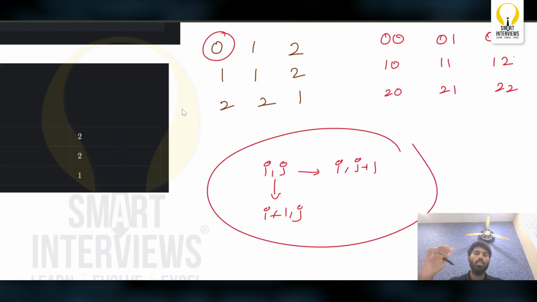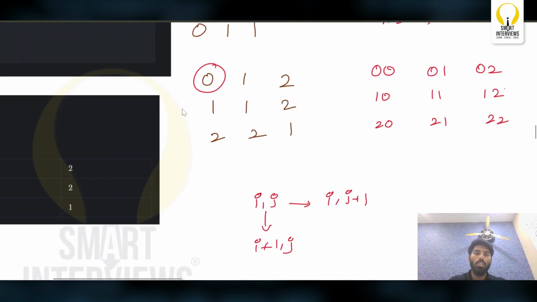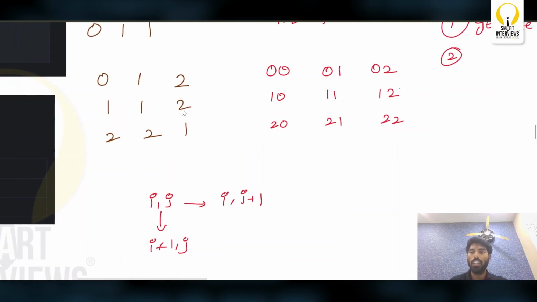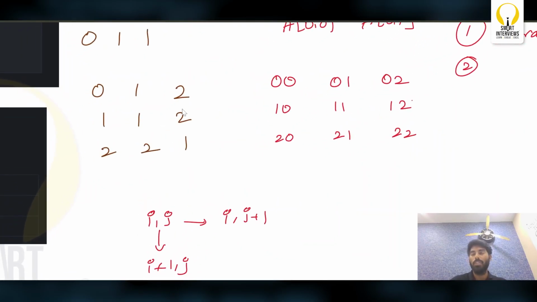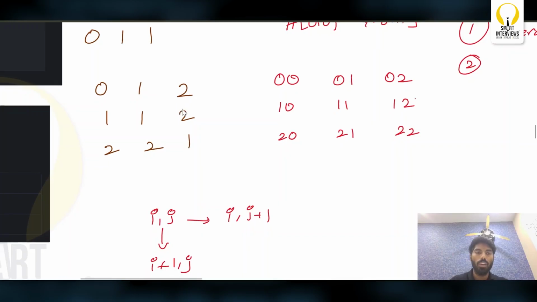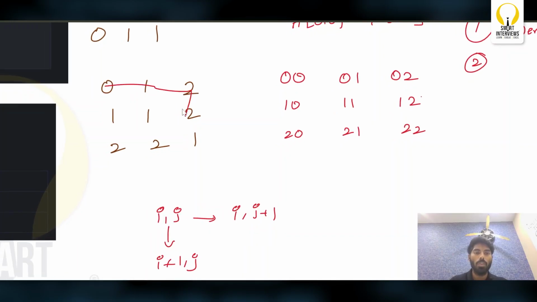These are the only two ways that you can traverse from any cell. So after generating the entire matrix, you can simply use a BFS with a queue. You will simply try all the possible paths. This is one way.